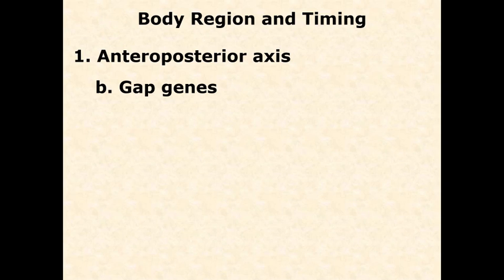Now, segmentation is a common feature for all bilateria, but in some of them it's a lot more obvious, particularly externally, right? So you look at a human, and externally we don't look very segmented. Although internally there are still large hints, leftover indicators of our ancestral segmentation, right? So look at our vertebrae, which are set up in segments.